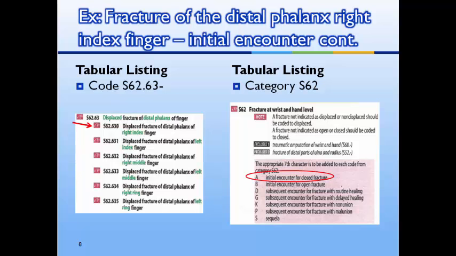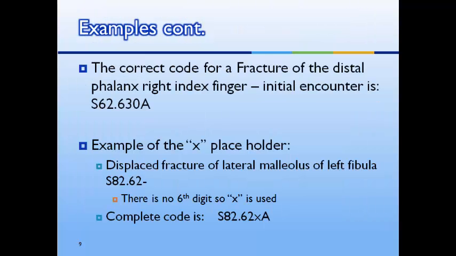And look at our different choices we have for this bone. So our correct code for this fracture is S62.630A.